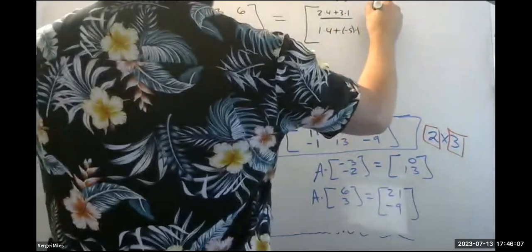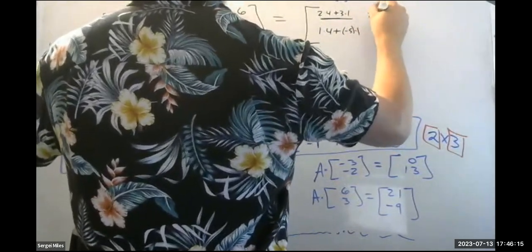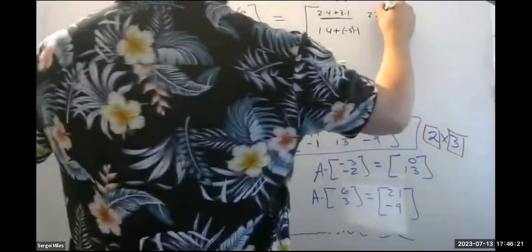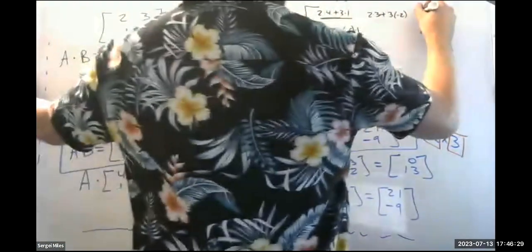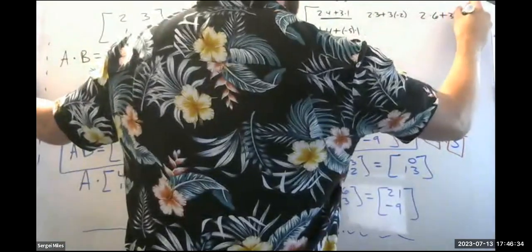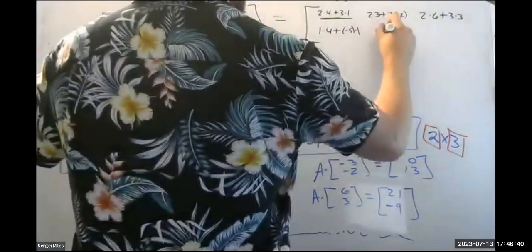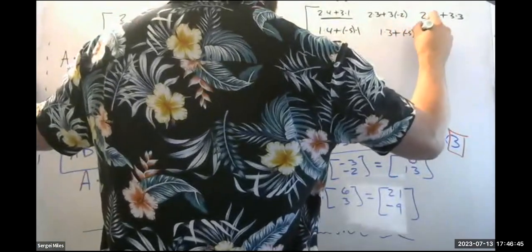We're going to have 2 times 3, right? I'm looking at first row, second column now. 2 times 3 plus 3 times -2. In the first row, third column, I'm going to have 2 times 6 plus 3 times 3. In the second row, second column, I'm going to have 1 times 3 plus -5 times -2.